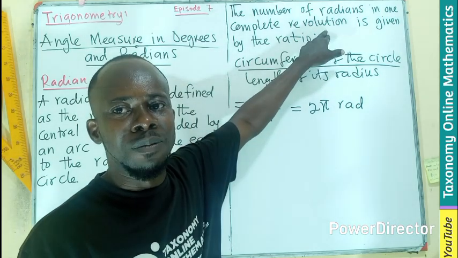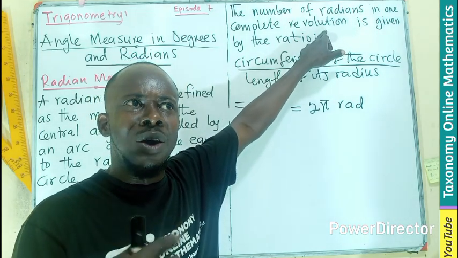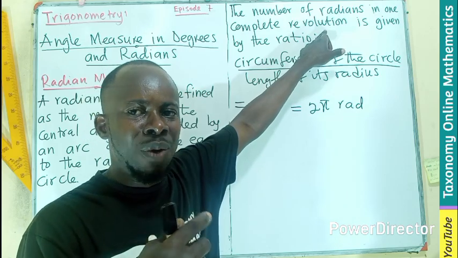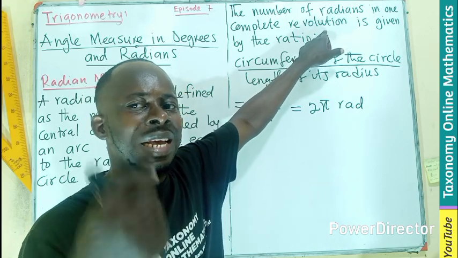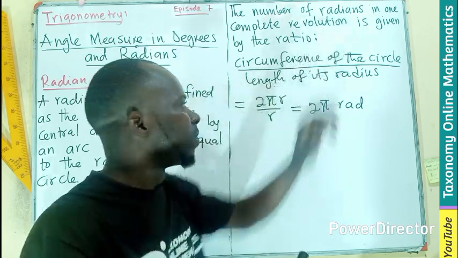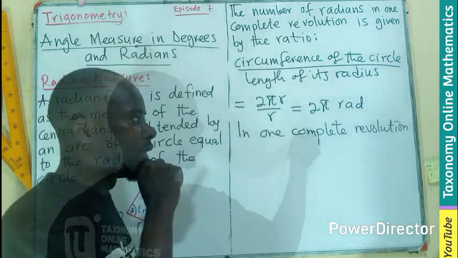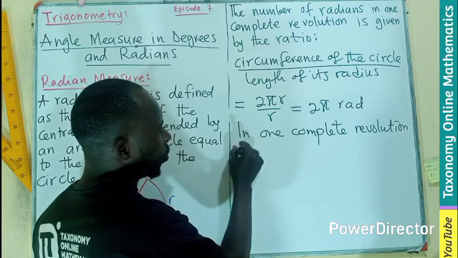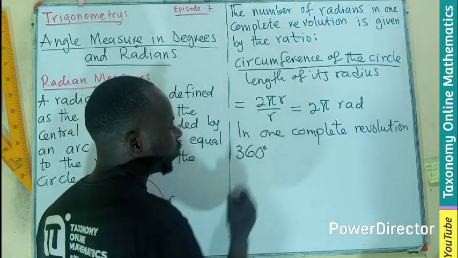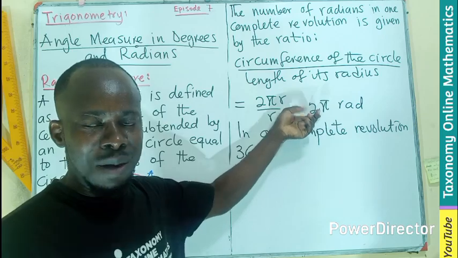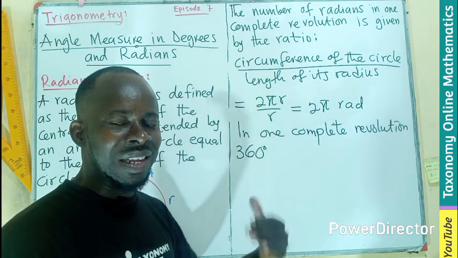Now, we mentioned that it is done in one complete revolution. Under angle measurement in degrees, when we mention one complete revolution, we are referring to all angles in a circle, which is 360. So we can say that in one complete revolution, we already know that the total angle in degrees is 360. And this is also the total number of radian angles we can get in radians.